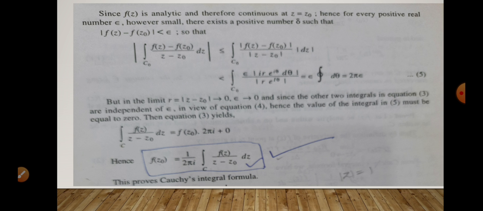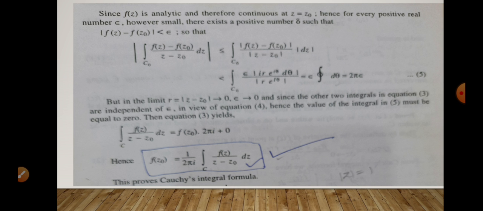So we can write the modulus of the integral over C0 of [f(z) minus f(z0)] upon (z minus z0) dz is less than or equal to the bound with |f(z) minus f(z0)| above and |z minus z0| below. By putting the value of the function we get epsilon times the integral over the closed path of d theta, which equals 2 pi epsilon.